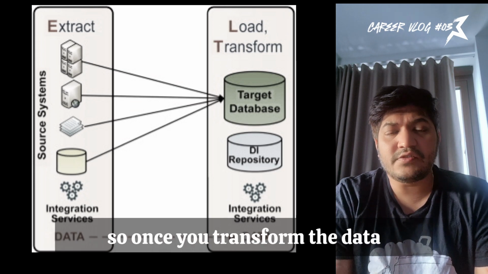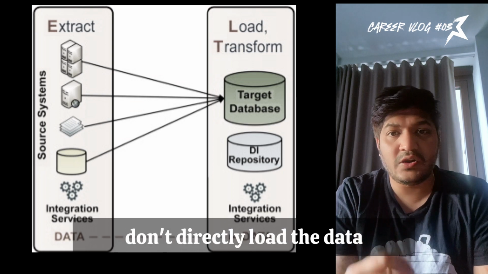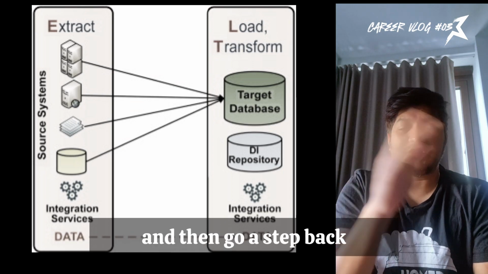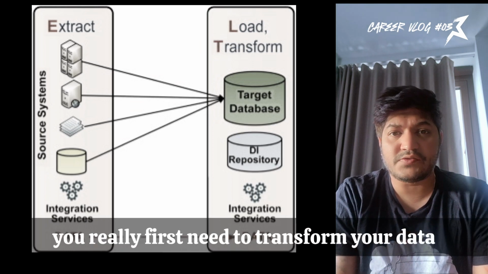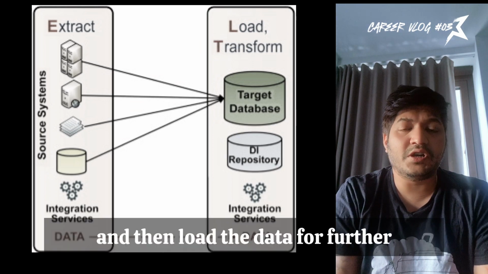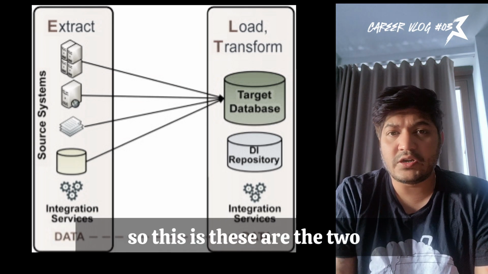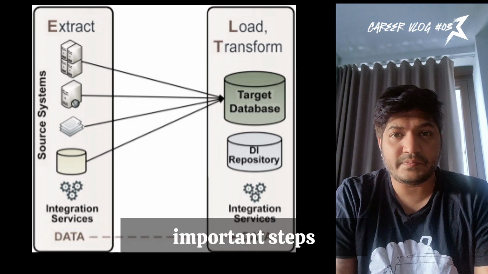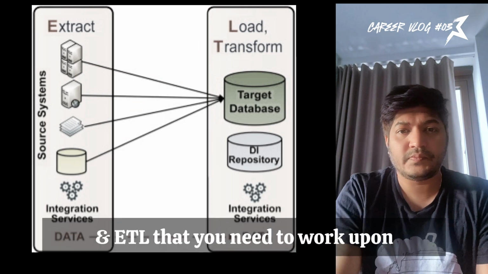Once you transform the data, then load the data. Always ensure that you don't directly load the data and then go a step back and do the transformation. You really first need to transform your data and then load the data for further use to create visuals. So these are the two important steps, data integration and ETL, that you need to work upon.